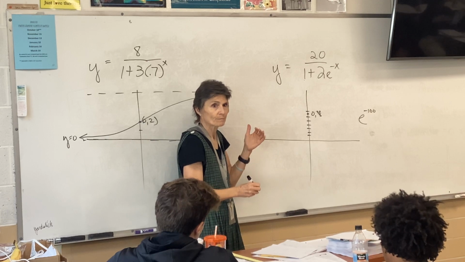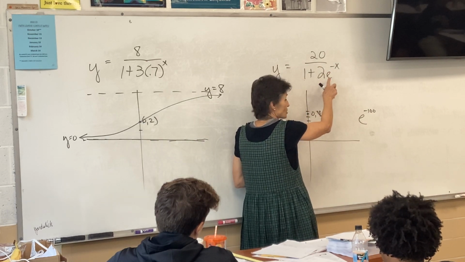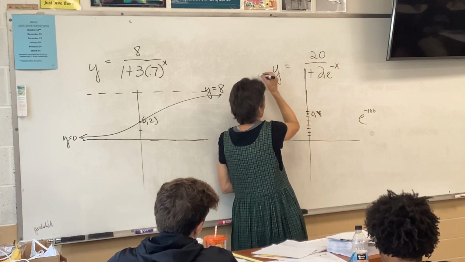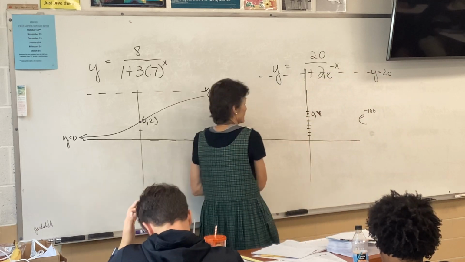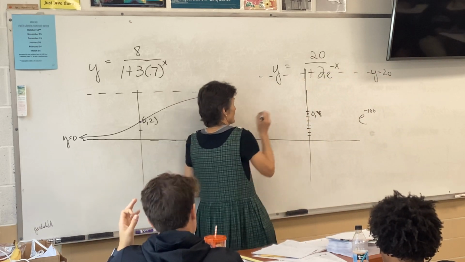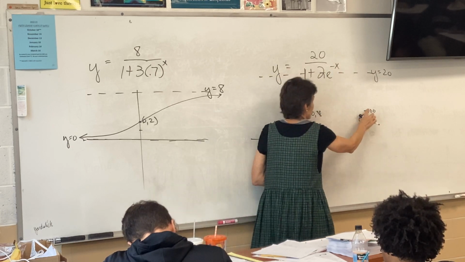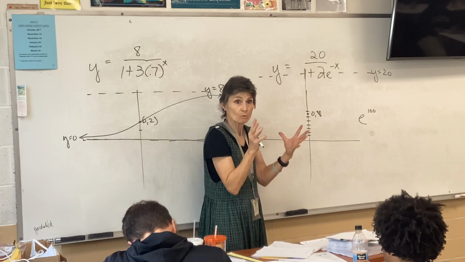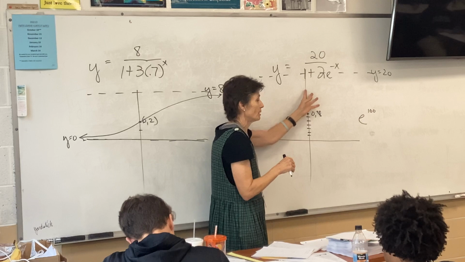So this is disappearing. So where's that asymptote? 1. And if we let x get really, really small, then it's like e to the 100th, which would be huge. And would make 20 over huge, which is 0.